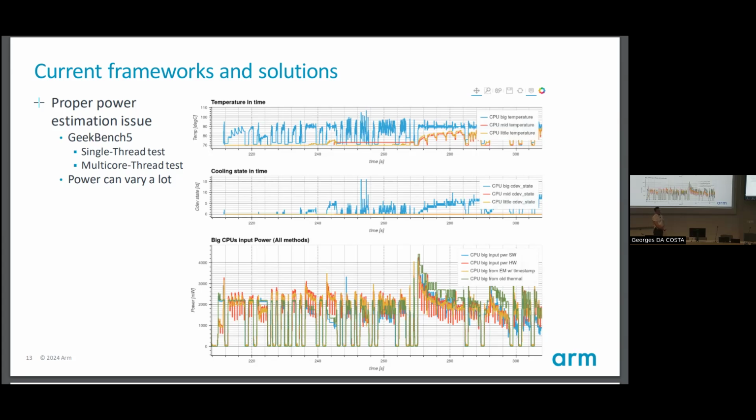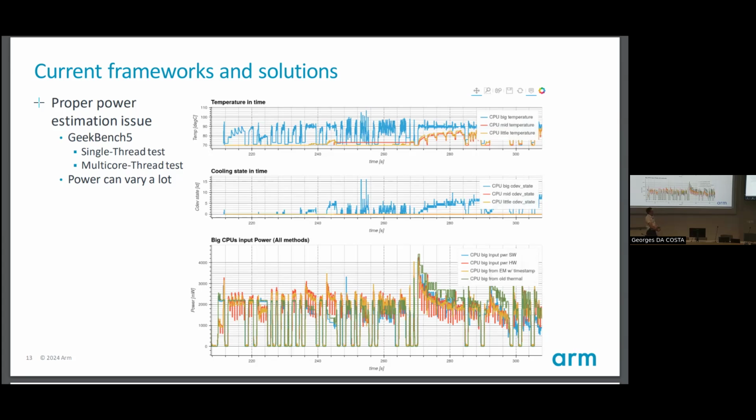And then you can see 4 different plots on this bottom plot. Those are the power plots. Either they are estimated by our software, or they can be read out from a physical meter.